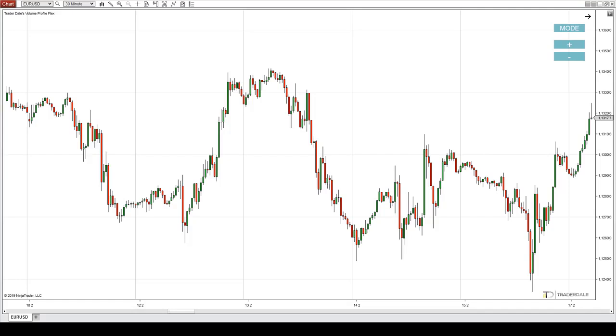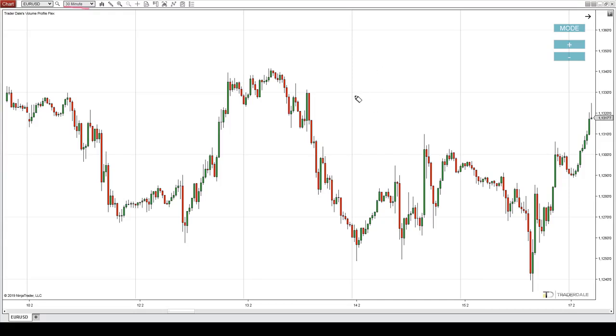Now there's another way to view the charts, and I really think this is pretty interesting and helpful. The thing is that you don't use candles based on time. In this case, it's one candle per 30 minutes, but you use volume bars, which means that after a certain amount of volume gets accumulated, a new bar is drawn.